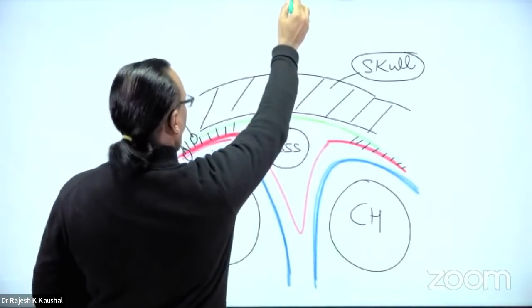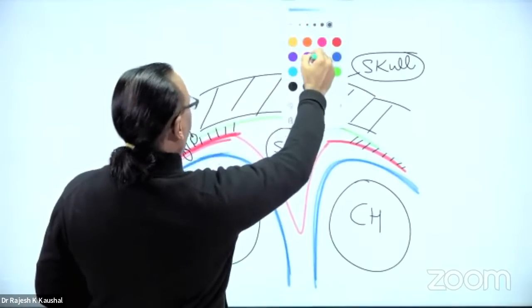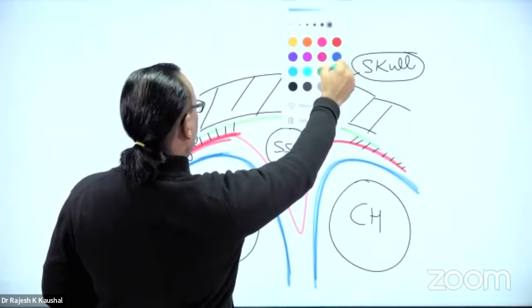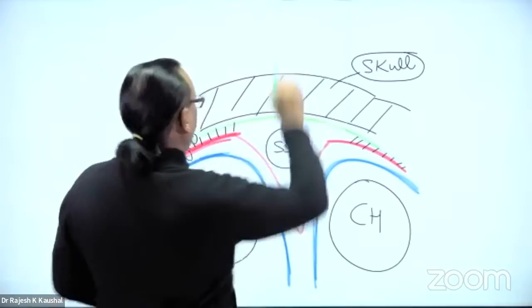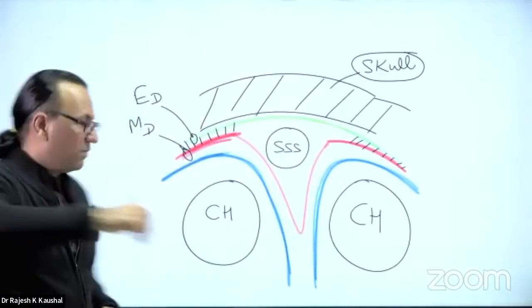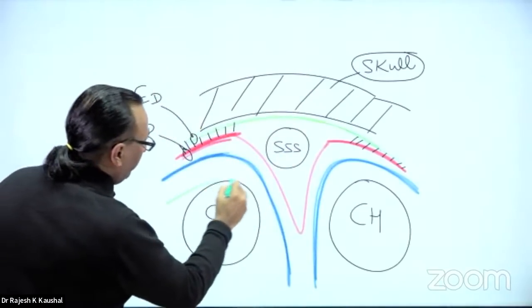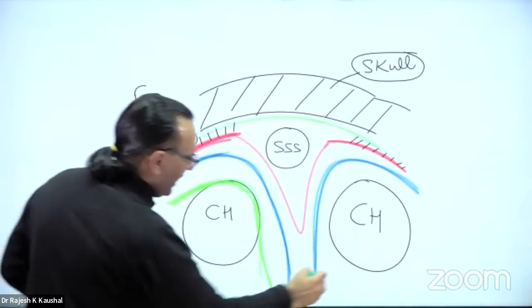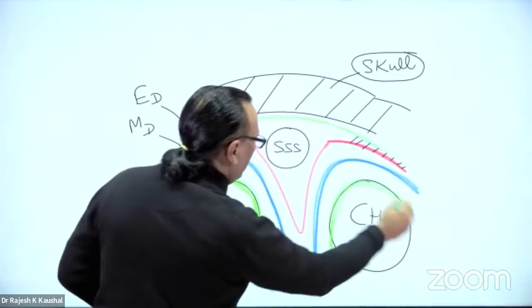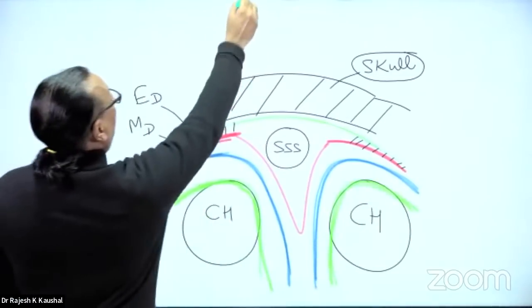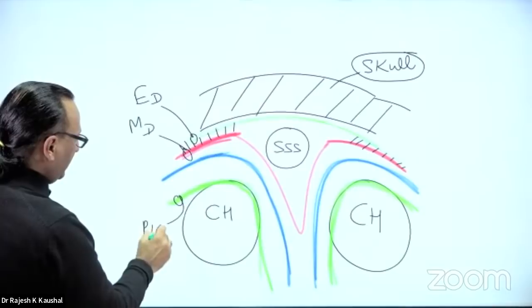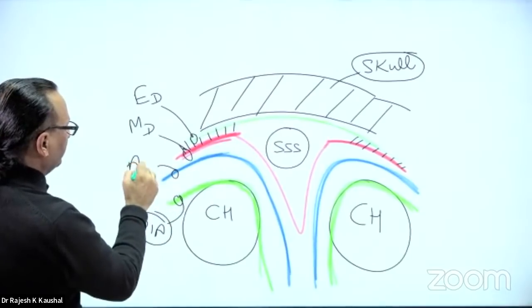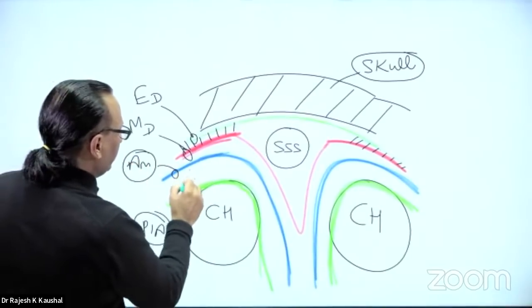And if under that is CSF space, then let me take some other color, this color. What will be still deeper to arachnoid mater? The pia mater. But pia mater is very much close to the brain, and I'll show it like that only. So this is the pia mater here, and this is arachnoid mater. And what is this space? What is this filled with?